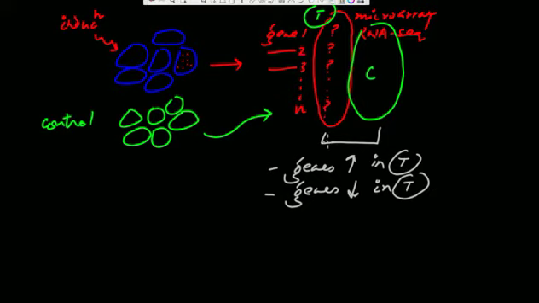Basically if there is a two-fold change with a p-value of 0.05 or a corrected p-value of 0.05, then we say that the gene is upregulated or downregulated.